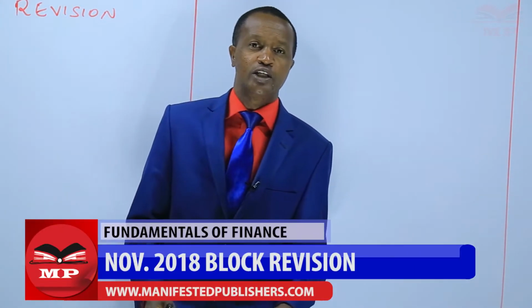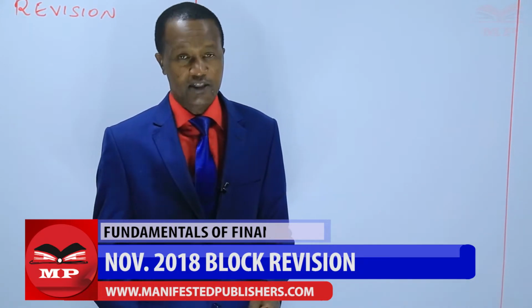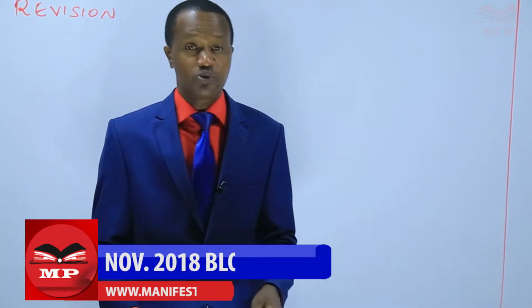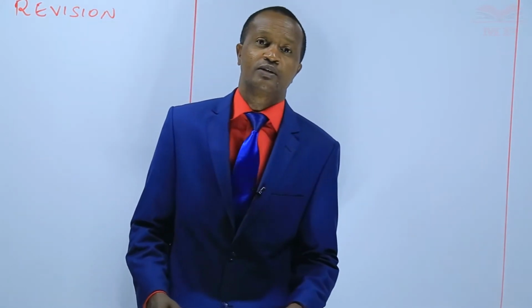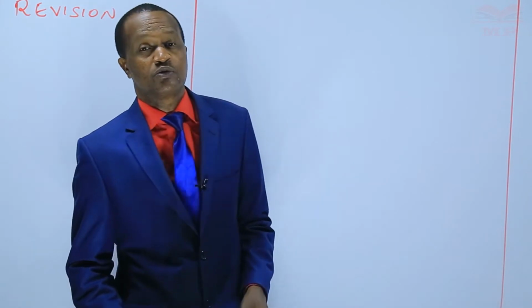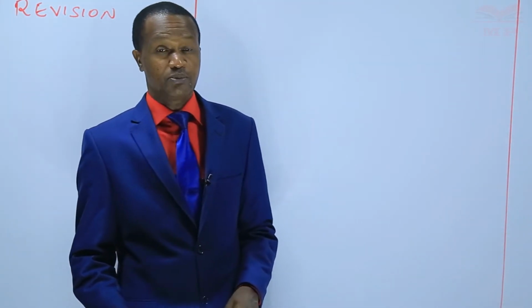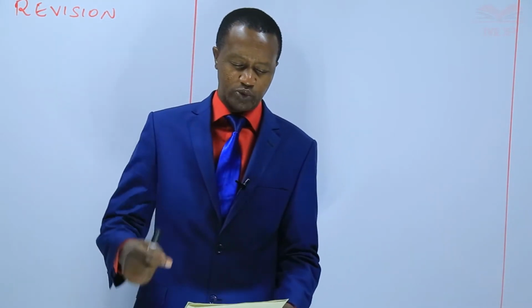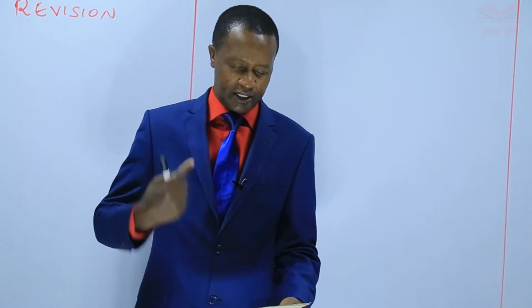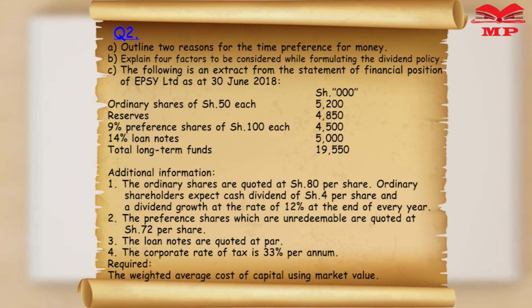Today I'm going to answer a question, and this question is ideal for students who are appearing in various exams like the Accounting Technician Diploma, the Bachelor of Commerce, the Bachelor of Business Administration, diploma courses and so on. The question is in three parts, A, B, C. A reads, outline 2 reasons for the time preference of money, 2 marks.